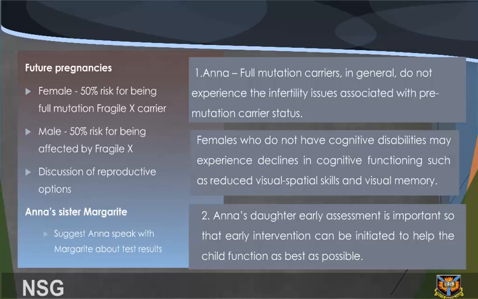Females who do not have cognitive disabilities may experience declines in cognitive functioning, such as reduced visual spatial skills and visual memory. 2. Hannah's daughter: early assessment is important so that early intervention can be initiated to help the child function as best as possible.